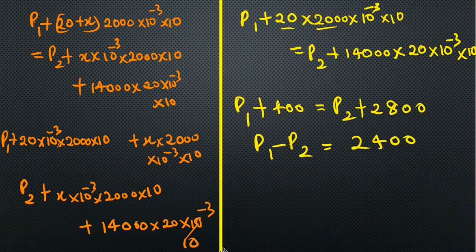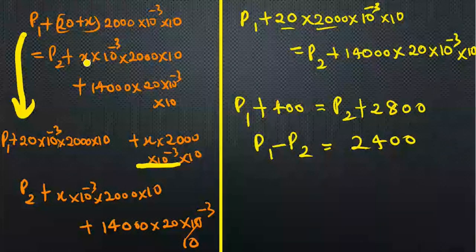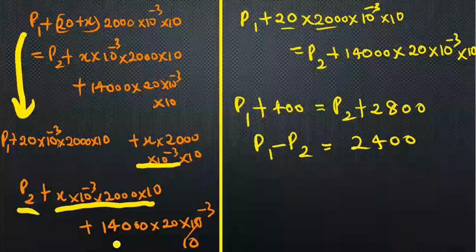I have done the calculations here. Let's go through the calculations again. Now you can see this is the equation we got. Let's simplify it further. P1 plus, removing the bracket, 20 into 10 to the power minus 3 into 2000 into 10 plus x into this value, and P2 on the other side, P2 plus x into this value, and finally this.